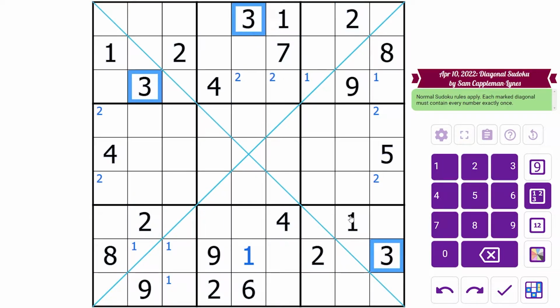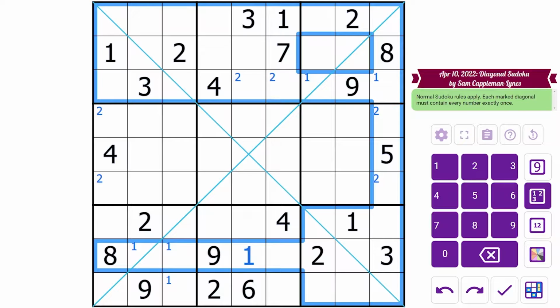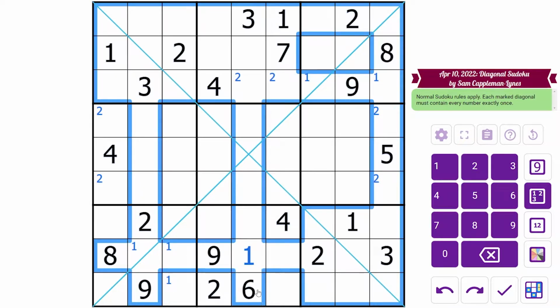Moving on to 3. You can see that this box has its 3, this box has its 3, this box has its 3. So one of 2 spots there. One of 4 there. One of 2 there.